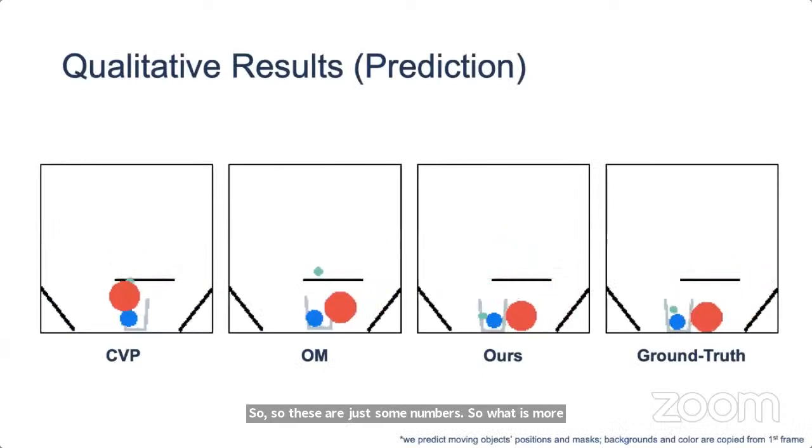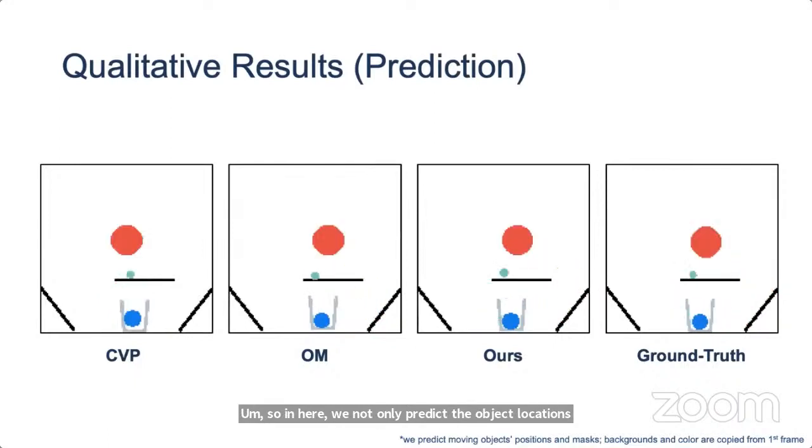What is more impressive is our visualization of the results. Here we can see some predictions: CVP, the compositional video prediction, a Mask R-CNN baseline, then our methods and the ground truth. We not only predict the object locations, but also the masks of the objects, essentially encoding the shape of the objects at the same time.